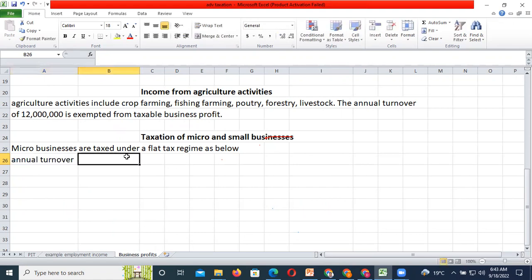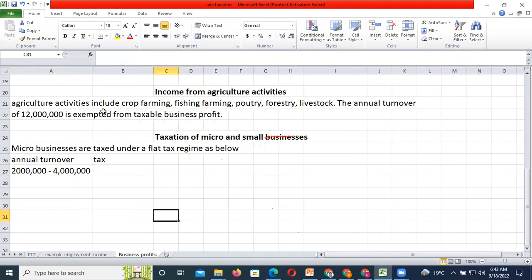From 2 million to 4 million, the tax is 60.